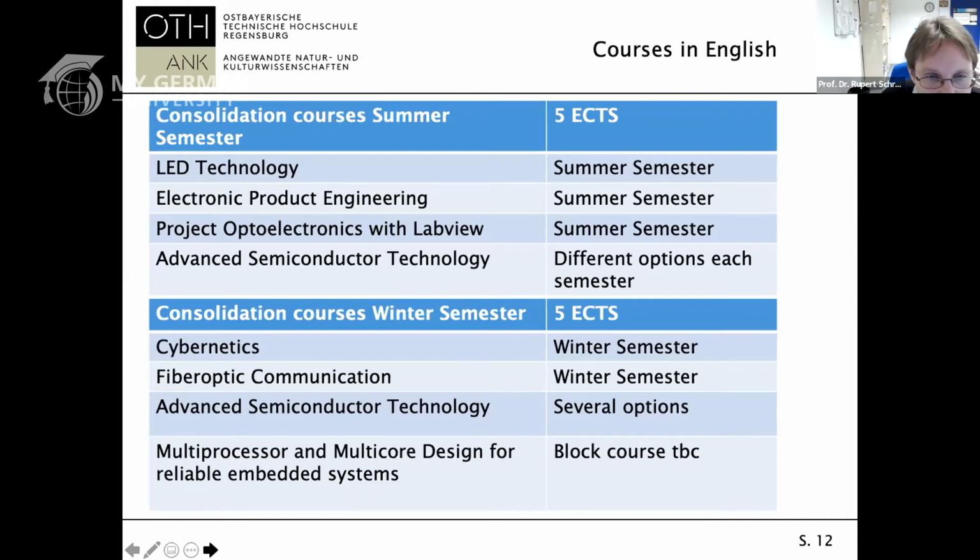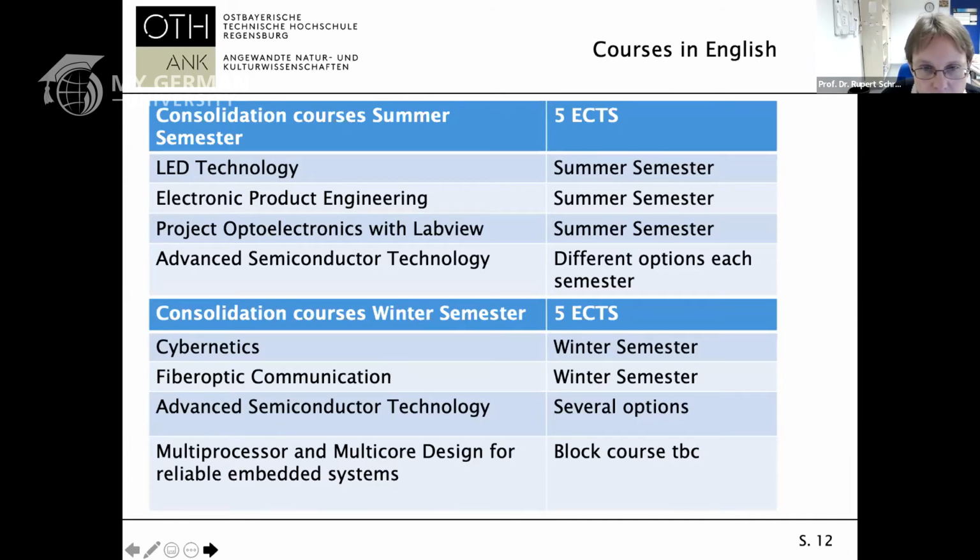We have advanced semiconductor technology, Dr. Ploss from Texas Instruments. And so you get here in these consolidation courses also a deep insight in how these things are in practice and how they are applied in the industry.